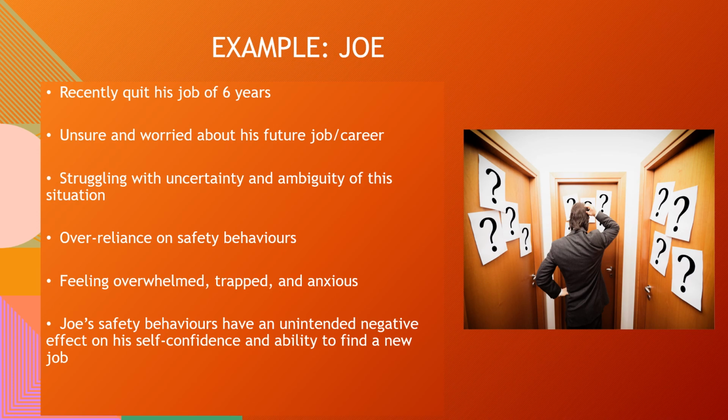So Joe is overestimating the likelihood and effects of potentially negative situations. Therefore, he attempts to eliminate uncertainty by either making the future more predictable or by avoiding triggering situations or events, which in this case happens to be the job search itself and even interviews.